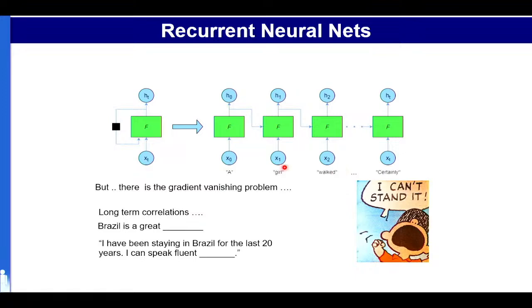Okay, so you can build what we call a vanilla recurrent neural network. As you can see here, you have the first input, it does something over it, there is an output, and this output will combine with the next input, and so on.